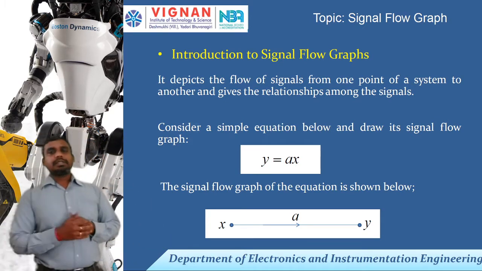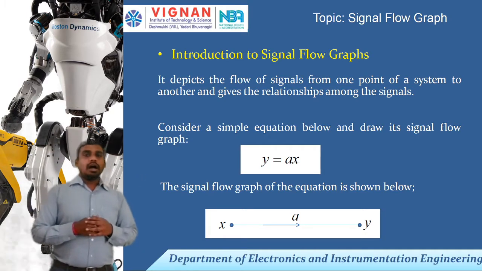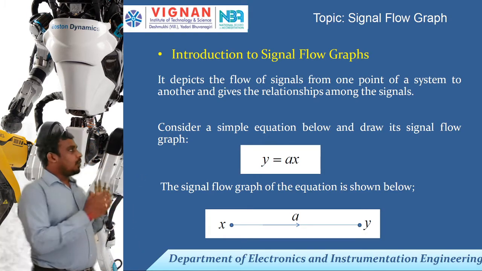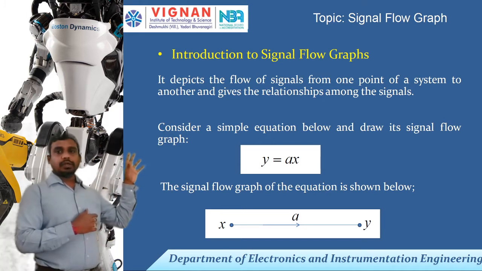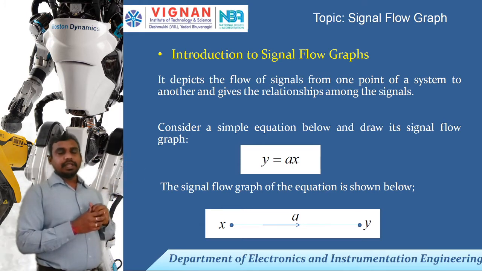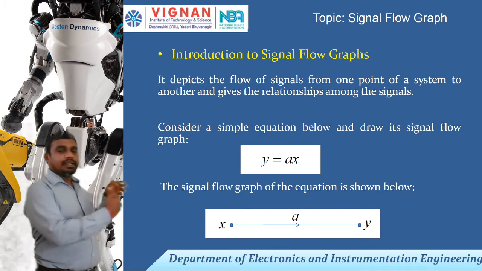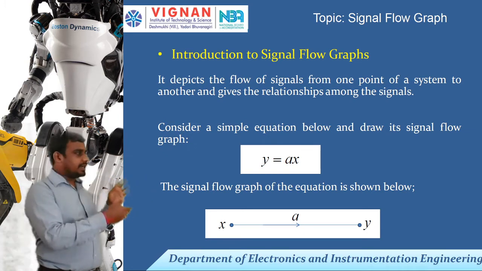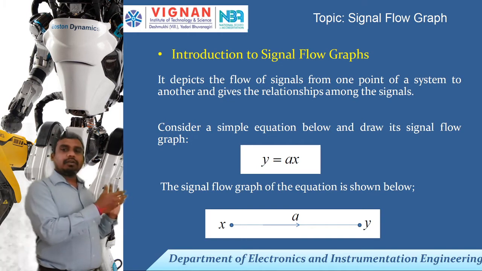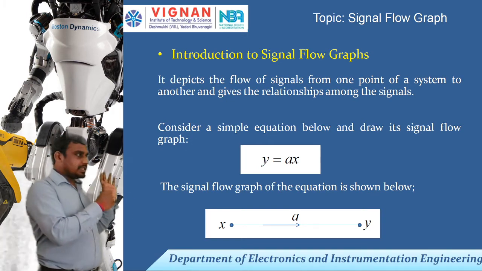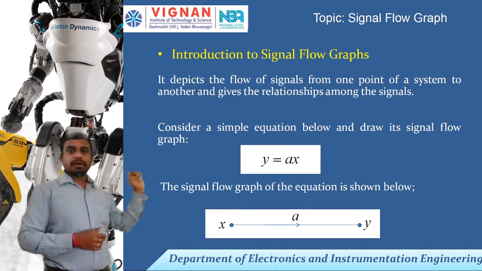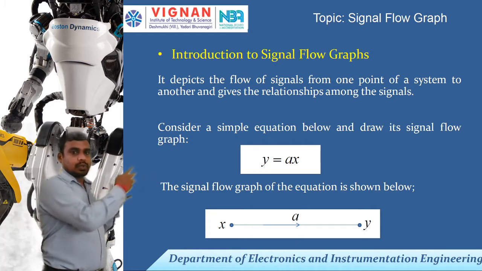So, introduction to the signal flow graph. It depicts how the signal is traveling from one point to another point in the system. It gives the relationship of the signals traveling in the path, from one node to the other node.